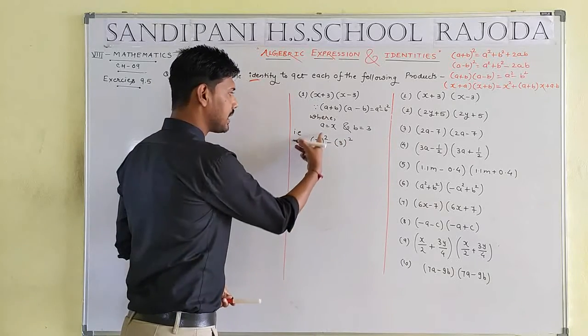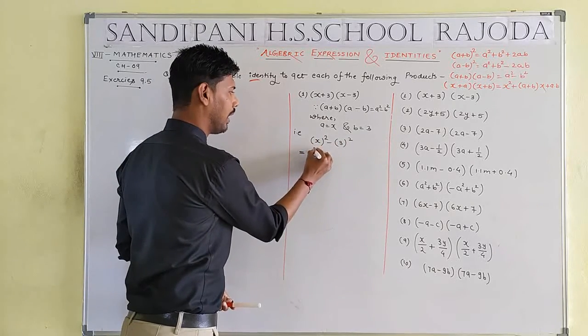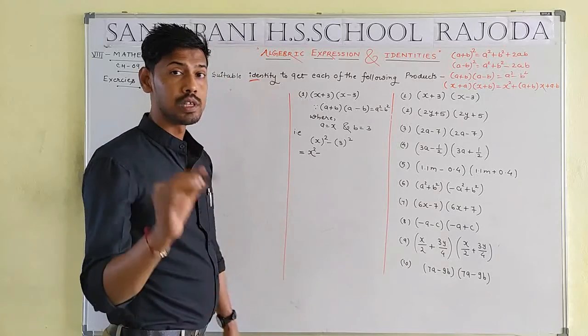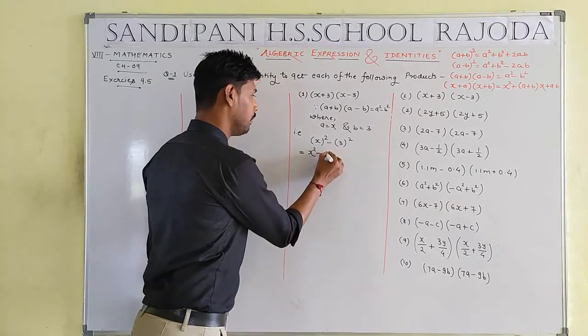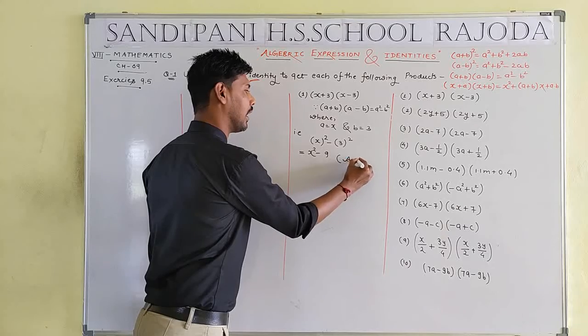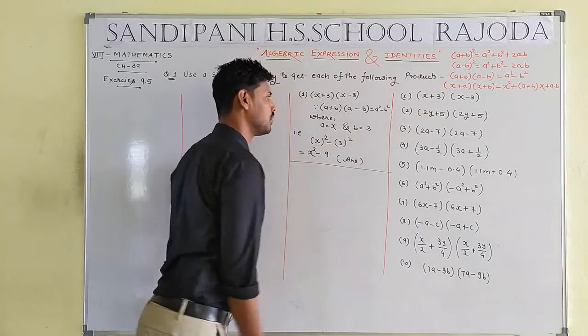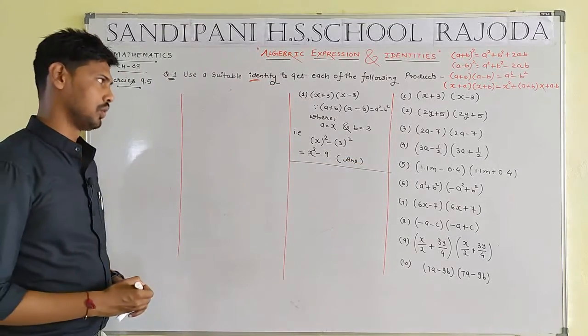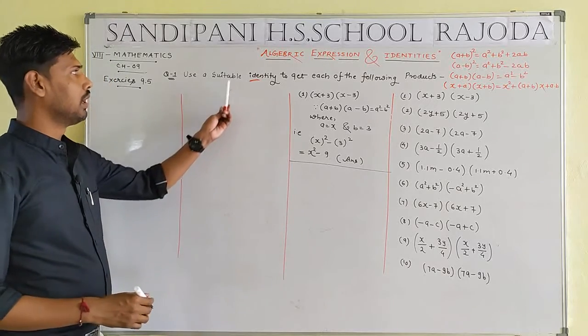Student, x square will be x square, but 3 square, that means 3 into 3, will be equal to 9. I hope, student, you are getting the proper solution to the first question by use of the suitable identity.